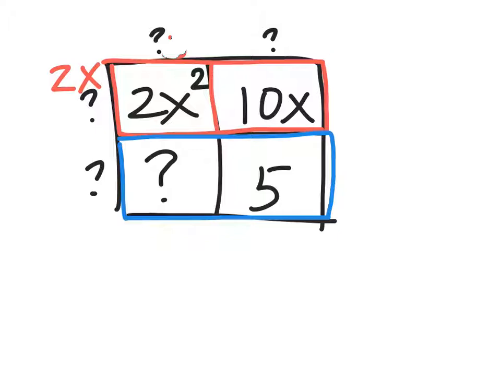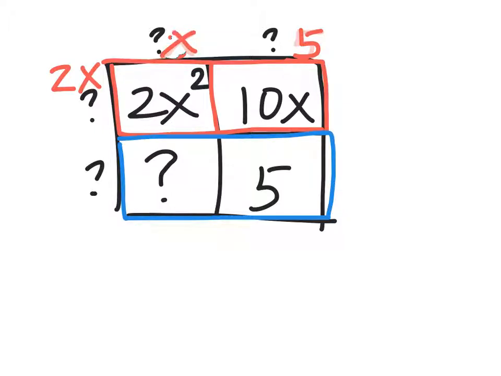This side must be x in order for it to become 2x squared. And this side must be 5 in order for it to become the 10x here. So 5 and x here.